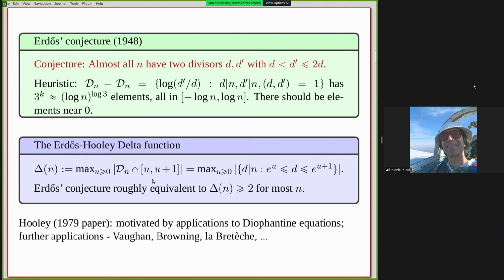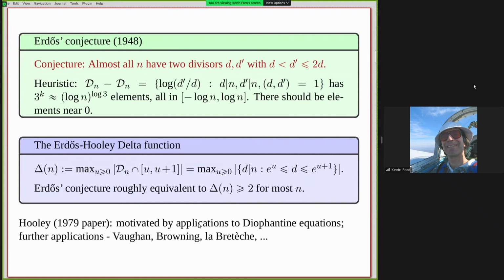So you take the maximum number of divisors in any interval of type e to the u to e to the u plus 1. So it's almost a dyadic interval. It was just convenient to use e instead of 2 here. So Erdős's conjecture morally corresponds to the delta function being at least 2 for most n.